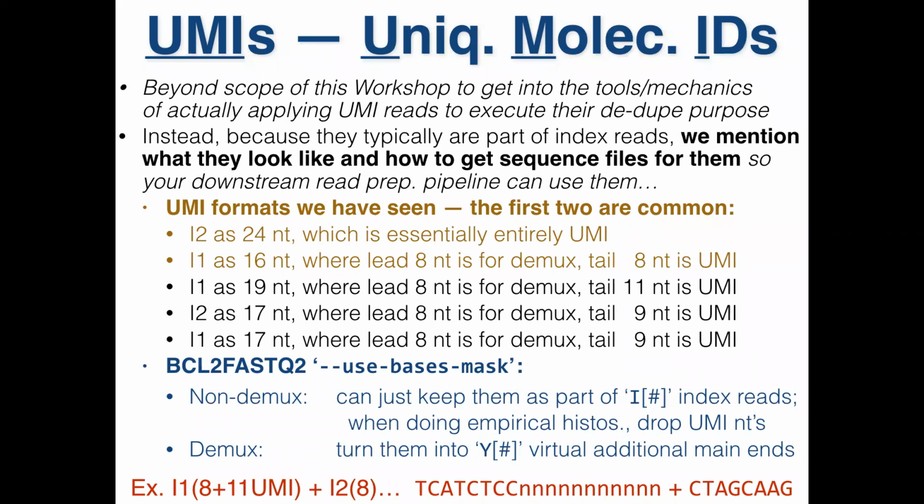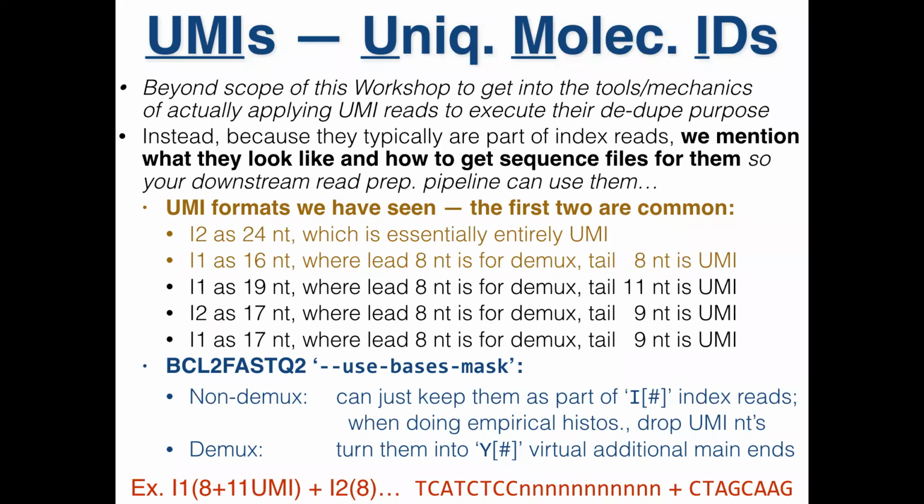And so at that point, if you did paired-end sequences, you might have R1, R2, and R3 files. The R1 file would be the long 50-base read. The R2 file would be, in this case, the 8-base UMI, which is coming from I1. Then the R3 file would be the paired read.